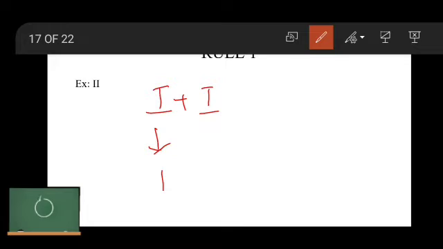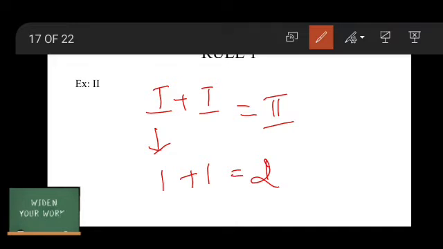In the given example, they have represented two I's. So 1 plus 1 gives 2. So the Roman numeral is II for 2. Similarly for 3, 1 plus 1 plus 1 is equal to 3.